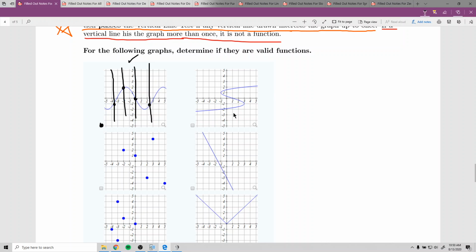The next one over here is definitely going to fail the vertical line test. Even though it only hits one point over here, for example, if we draw a vertical line right there, it hits it more than once. It only has to be twice, but it can be 3 times. It fails the vertical line test. So it is not an answer. We would not bubble it in.